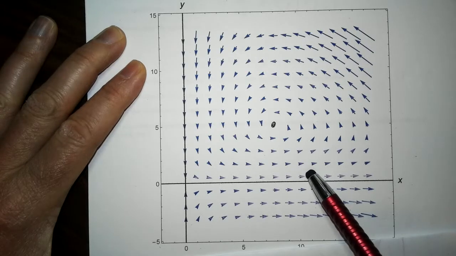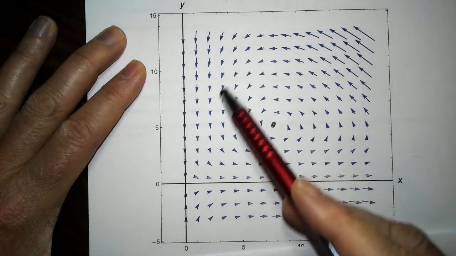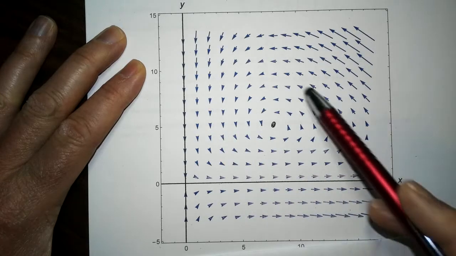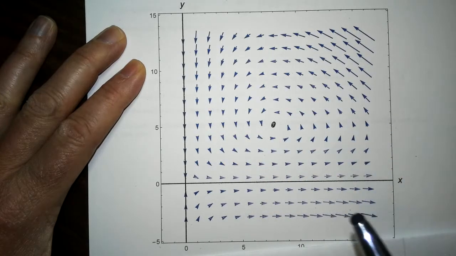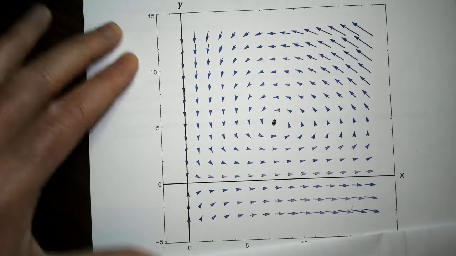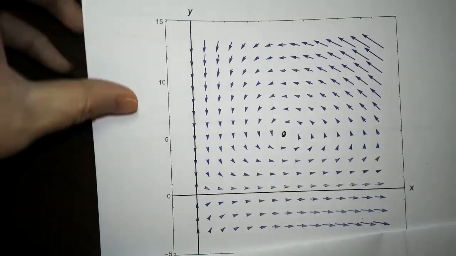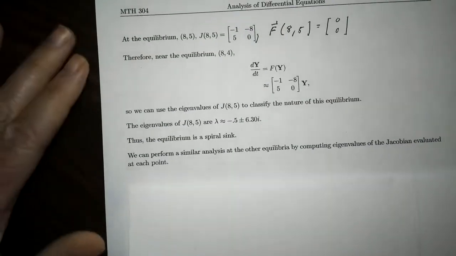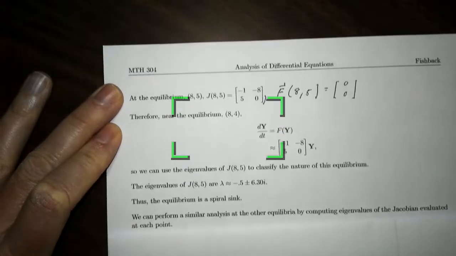Of course, we need to be careful, because maybe this is actually a spiral sink or a spiral source. It's kind of hard to tell. We don't want to be misled. But the idea is that near the equilibrium, we can use the Jacobian matrix to approximate our nonlinear system by a linear system.